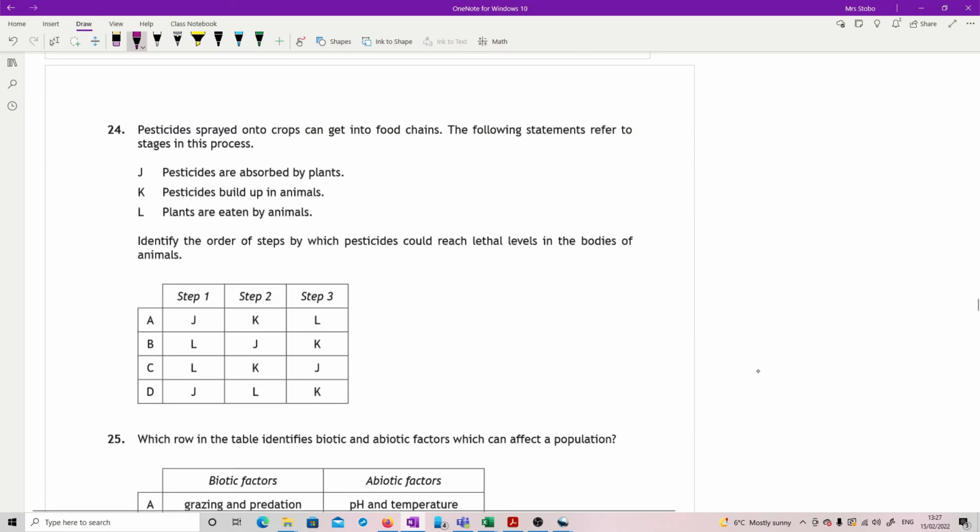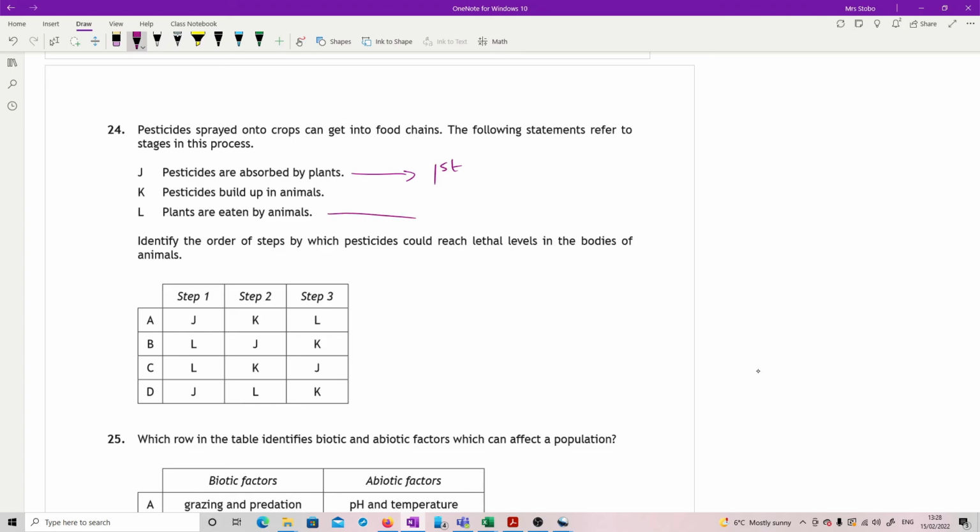Question 24. Pesticides sprayed onto crops can get into food chains. The following statements refer to stages in this process. So we've got pesticides absorbed by the plants, they build up in animals, and then the plants are eaten by animals. Okay, identify the order of steps that they could reach lethal levels. Well, this doesn't make sense the way it's been given. Okay, pesticides absorbed by plants, that would have to be your first one.